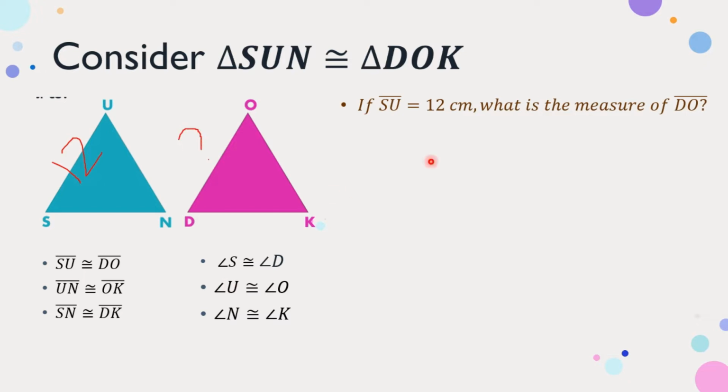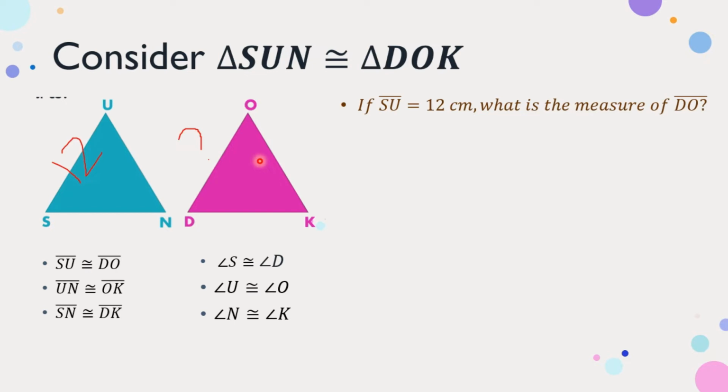Now, in answering problems like this, first, you have to identify what's the relationship between the two parts. You have SU and DO. Looking at the triangles, what can we say about their relationship? Okay, so kanina pa nating nababanggit, sila ay corresponding. So first, meron ka ng relationship.